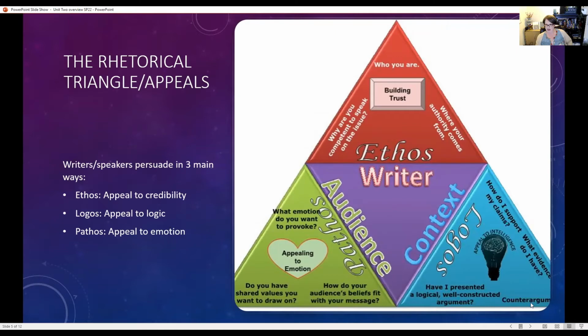And you'll see down here in the corner, and it's chopped off a little bit, is counter-argument. And counter-argument is a very, very important aspect of argumentative writing. It shows your audience that you are credible, right? And it shows that you are logical because you have not only examined the thing that you're arguing, but you've also researched and analyzed the opposition's point of view, right?